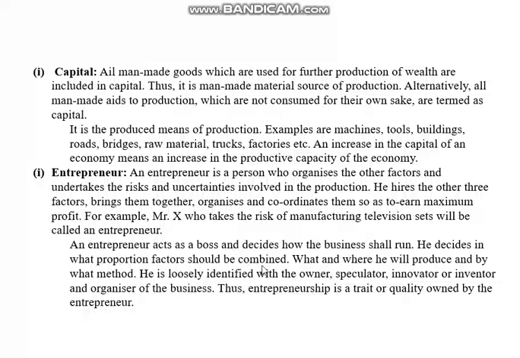He decides in what proportion factors should be combined, what and where he will produce, and by what methods. That means what he is going to produce, which machines he is going to use, and all those things he decides. He is loosely identified with the owner, speculator, innovator, or inventor, and organizes the business.